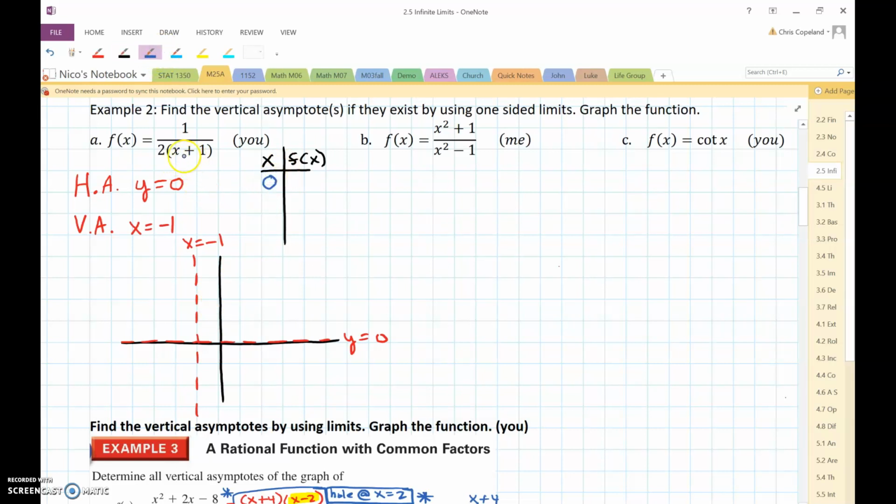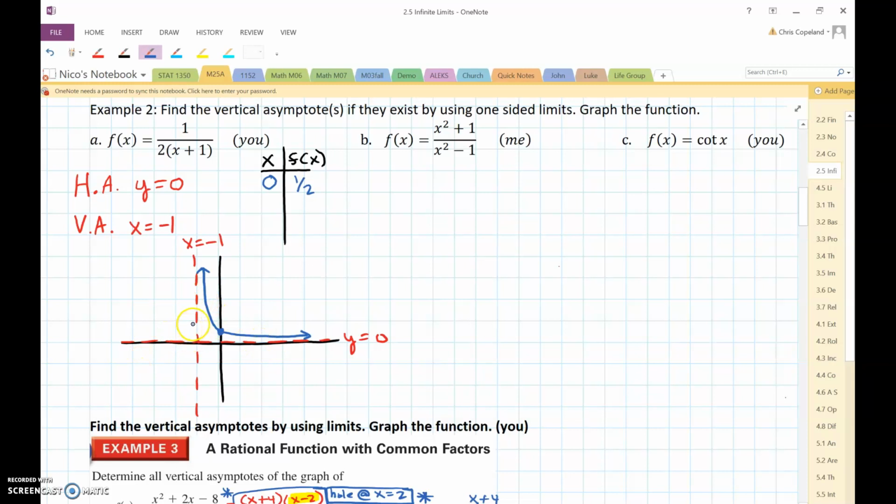I'm going to plug 0 into this function and get 1/2. So the point (0, 1/2) means this part of the graph would have to look like this, because it's not going to cross the horizontal asymptote or the vertical asymptote.